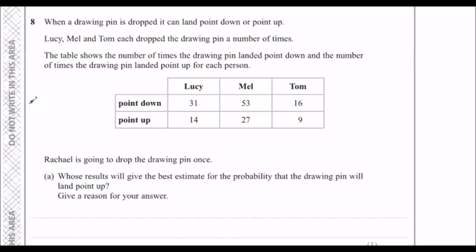Rachel is going to drop the drawing pin once. Whose results give her the best estimate of the probability that it will land up? So whose results are most accurate? That's the person who's dropped the pin the most times.